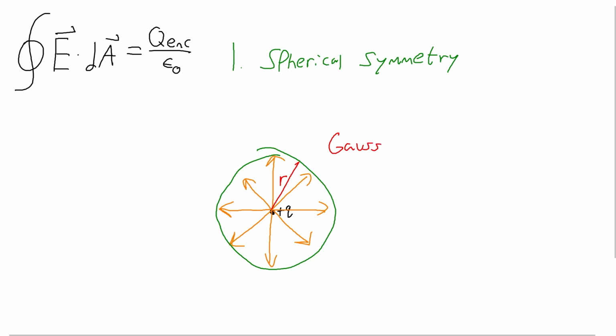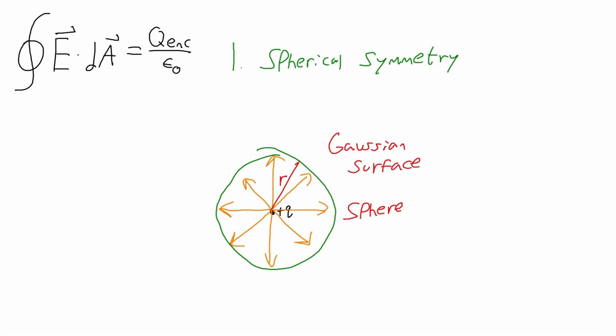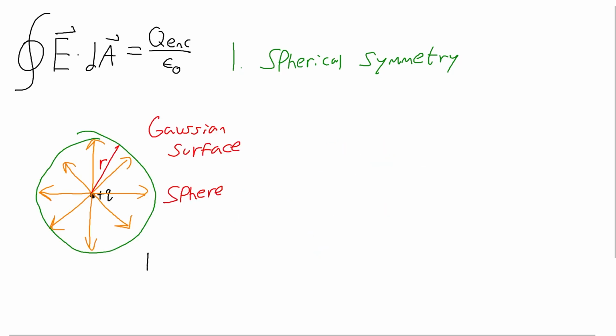If you have a point charge, your Gaussian surface should be a sphere, because the magnitude of E only depends on the distance from the charge, and everywhere on this sphere is going to be the same electric field. And what this means is the electric field is actually constant. And since it's constant, you're able to pull it outside of the integral in Gauss's law.